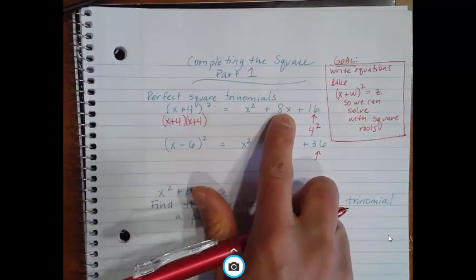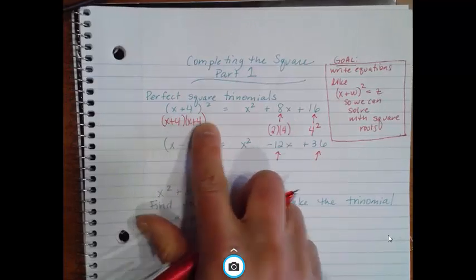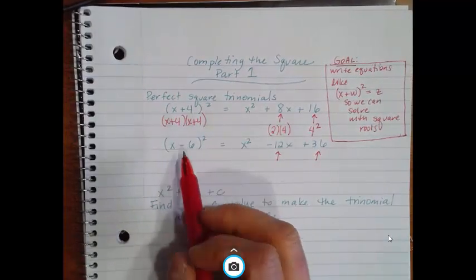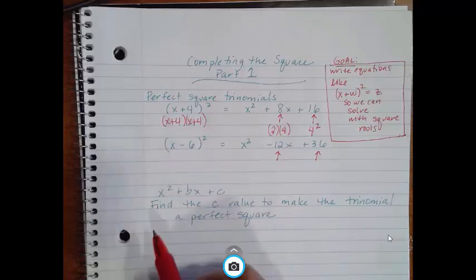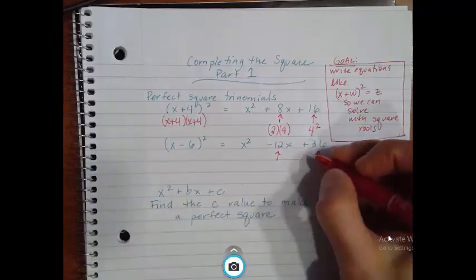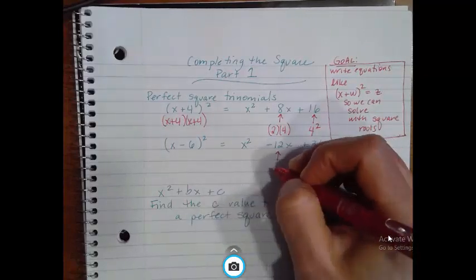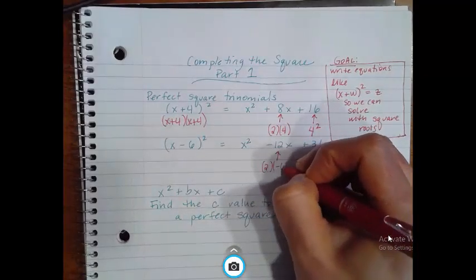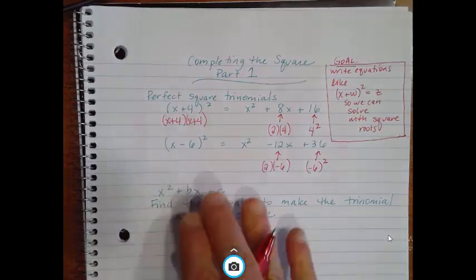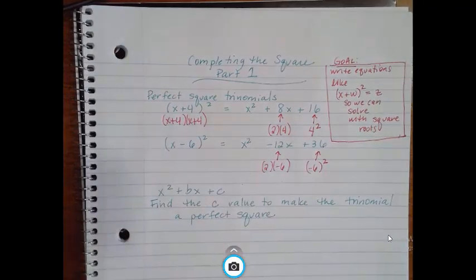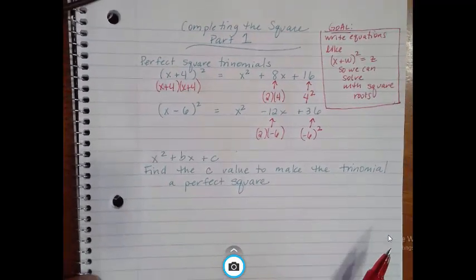That's why we get 8x altogether, plus 16. So what if we have a minus? It's similar, except negative 6 times negative 6 gives us a positive 36, and the middle term is 2 times negative 6.